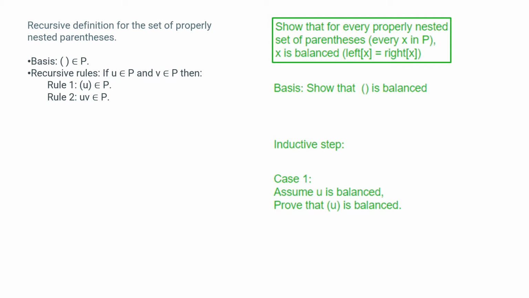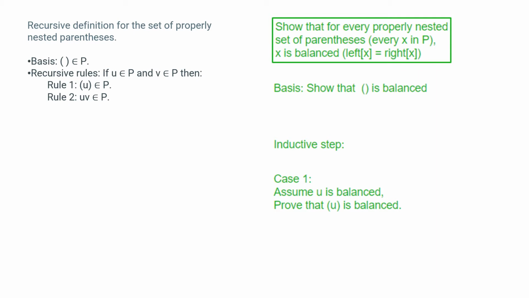So assume that it's a balanced string, and then show that if we use any of the recursive rules to come up with a new element, assuming that it started out balanced, whichever rule we would use, our new element would also be balanced.